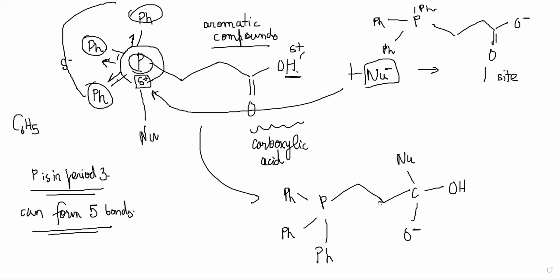Then problem number 7, he's saying these 3 reactions all give the product shown, but not by the mechanisms shown. For each mechanism, explain what is wrong and draw a better one.